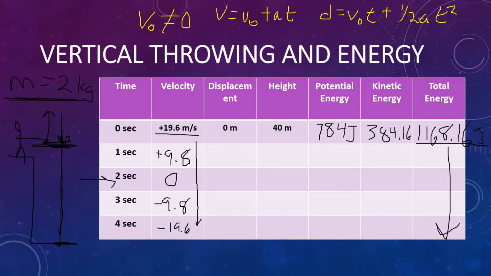If I know that the velocity is 0, I know that the KE is 0. That means I know that the total energy here is the potential energy here, because with no kinetic, the total energy is the potential energy. All right? So I can go ahead and use that potential energy to solve for the height.